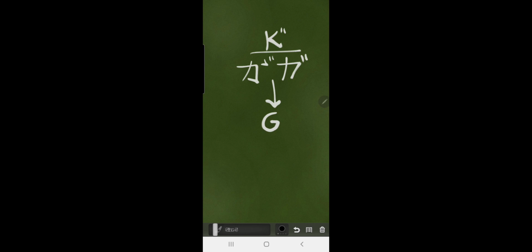It's always a hard G. Like in this case, this is ga. The next one we'll write is ki. And that changes it to gi. So we have hiragana on the left, katakana on the right, just like we've always had.